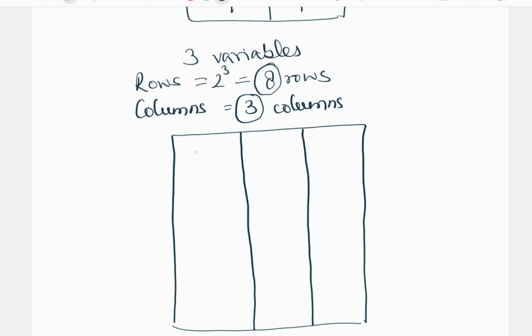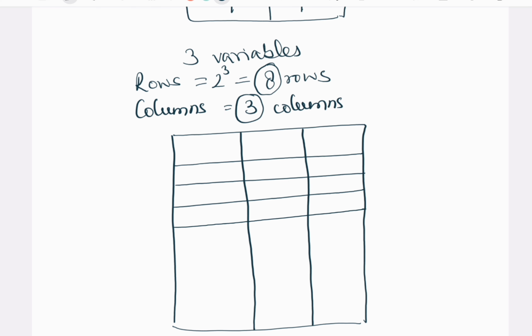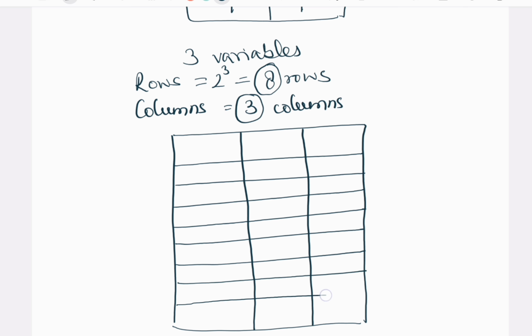The first we'll leave for the variables, and then we have to make 8: 1, 2, 3, 4, 5, 6, 7, and 8.